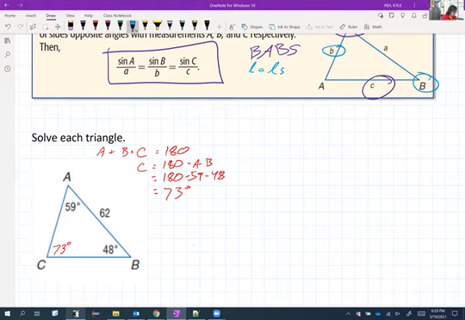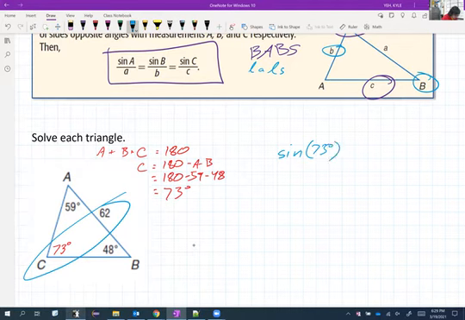One of the parts is definitely going to be this perfect pair that I just circled in blue, because we know both pieces. I know that sine of 73 degrees over the side length across from it, 62, has to equal, and then I get to choose one of the other sides that I want to solve.